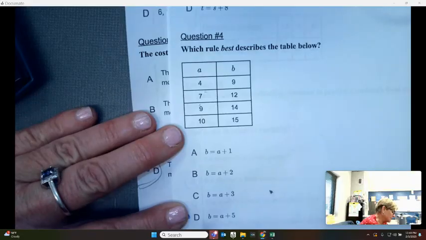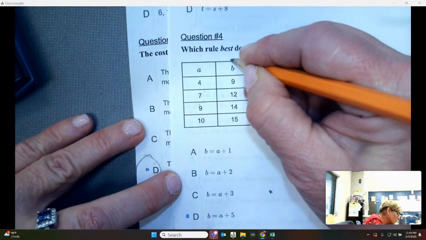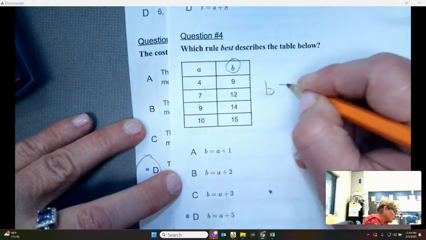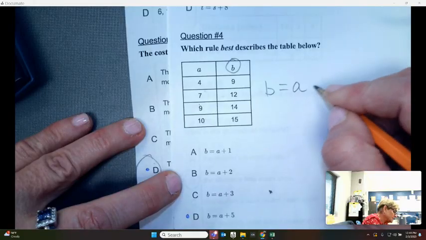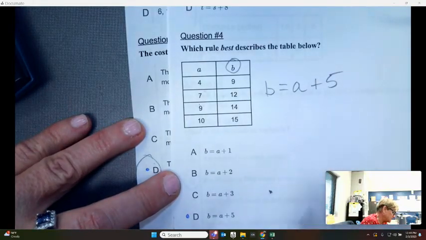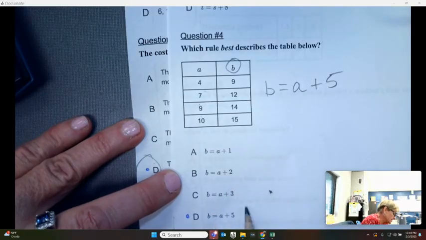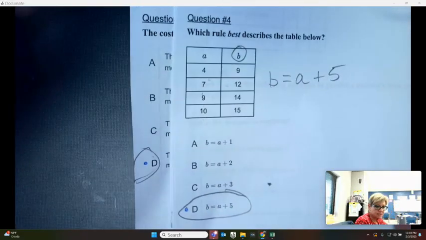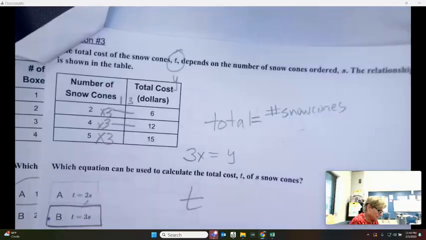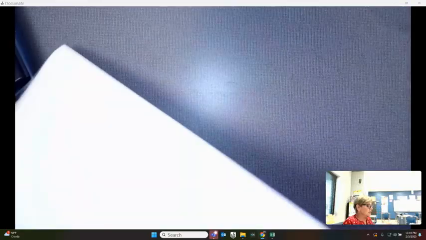So it looks like B equals whatever A is plus 5. So let's look. It's not going to be plus 1, not going to be plus 2. It's got to be plus 5. Hopefully you got that one right, because it wasn't that complicated, and the connection was pretty easy to see.